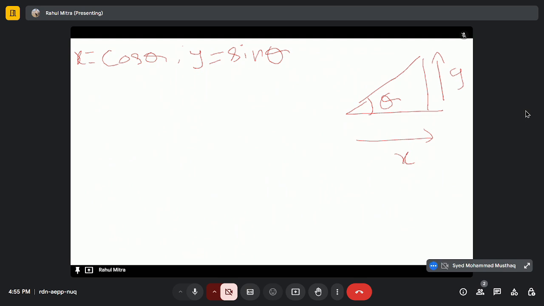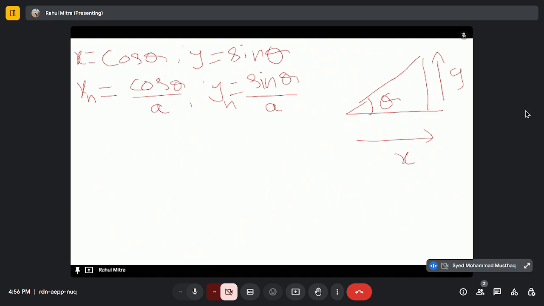So the number of broken bonds along x will be xn equals cos theta by a, and the number of broken bonds along y will be sin theta by a. These are the equations for the number of broken bonds along x and along y.